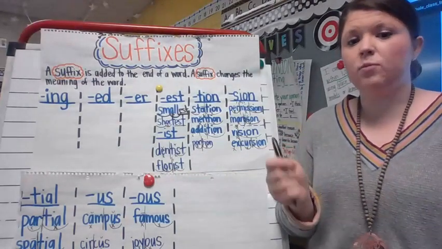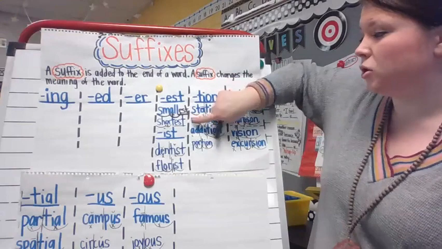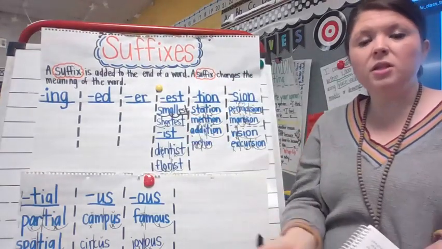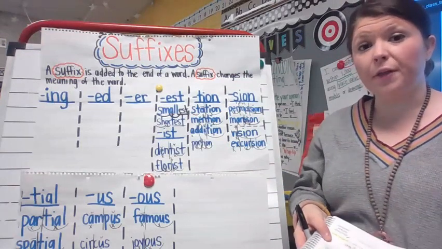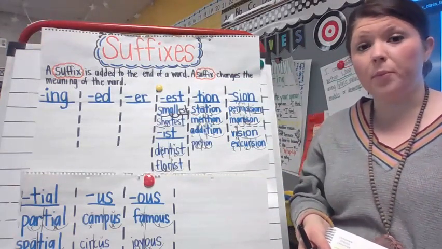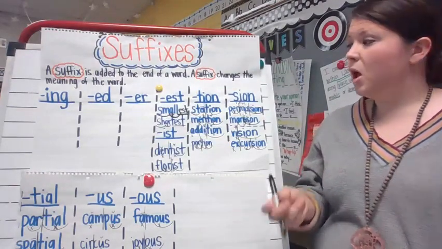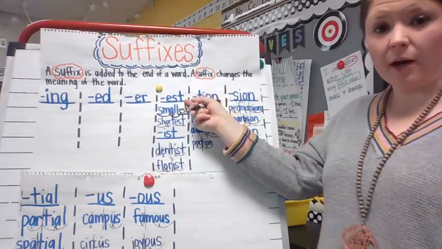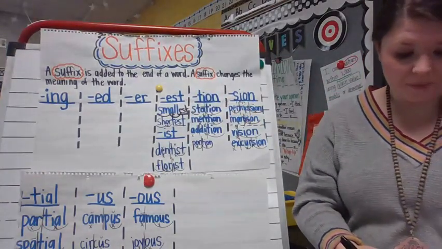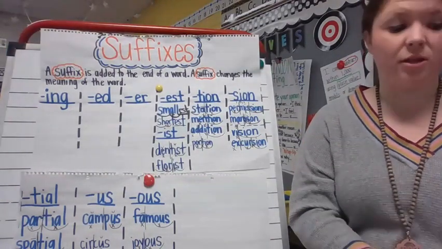Now we've looked at some words that we have added on the suffix est, like smallest, shortest, and ist, dentist, and florist. Just like we learned with some other suffixes, the suffixes can let us know what parts of speech our word is. When a word has the suffix est on the end, est lets us know that this word is an adjective.